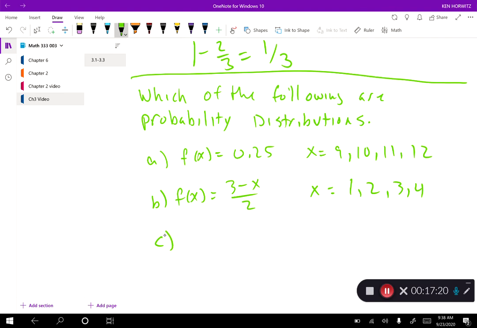C would be (x squared plus x plus 1) over 25, x equals 0, 1, 2, 3. All right, so why don't you pause the video? Take a look at these three and pick which one is a probability distribution.